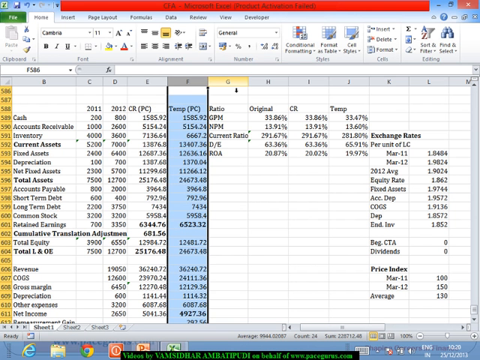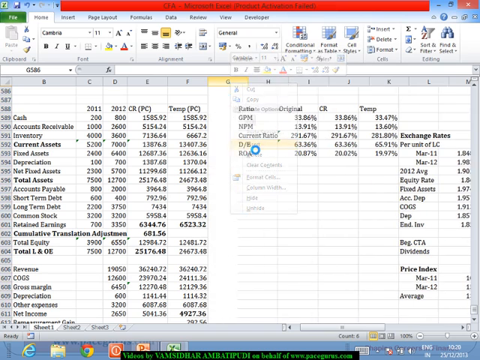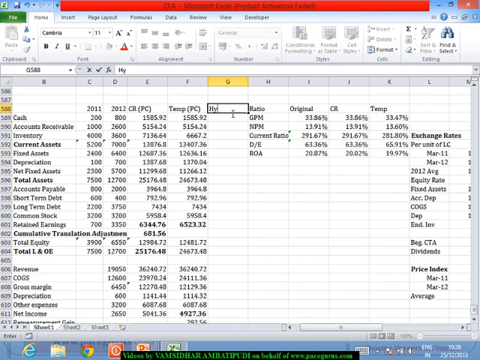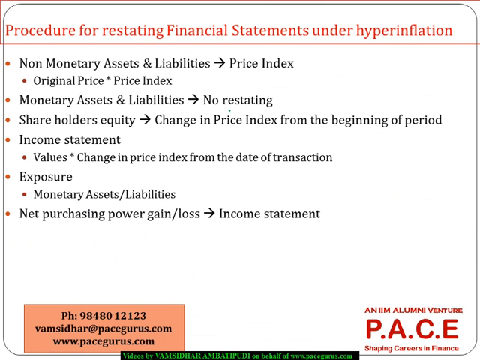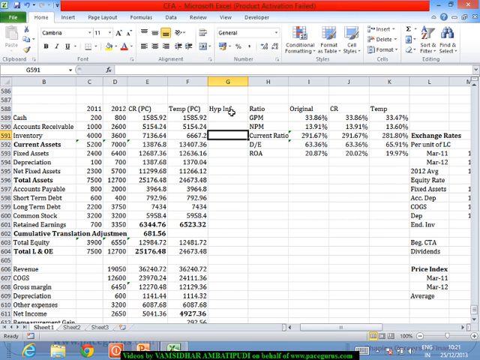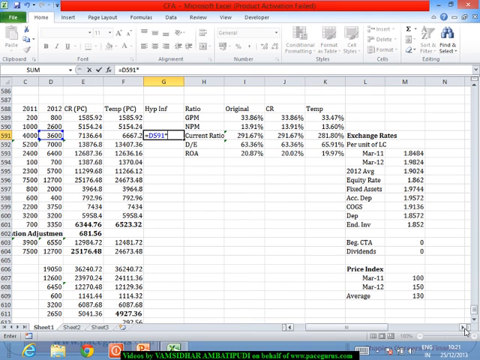So for the same example, let's assume that this subsidiary is operating in a hyperinflationary country. Then all non-monetary assets and liabilities you adjust based on the price index change itself, which means all these original numbers I multiply by the end-of-year price index divided by the beginning-of-year price index.